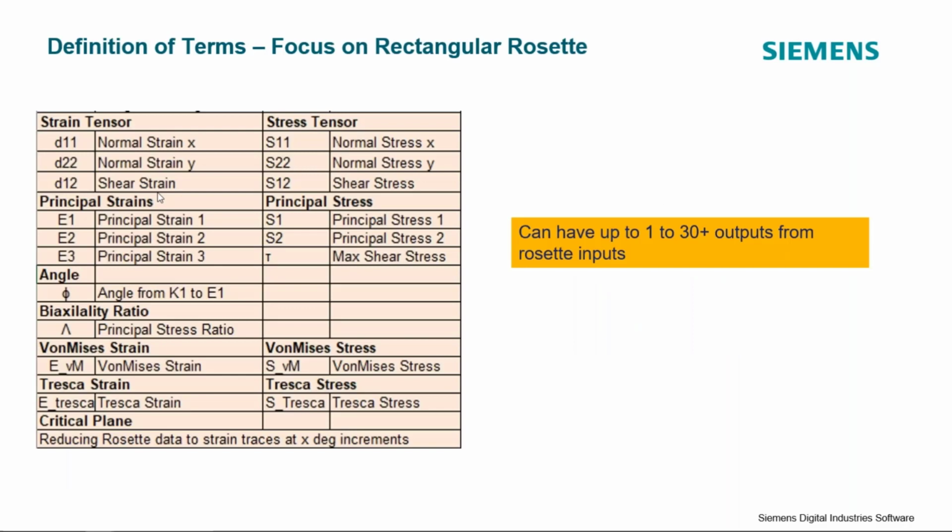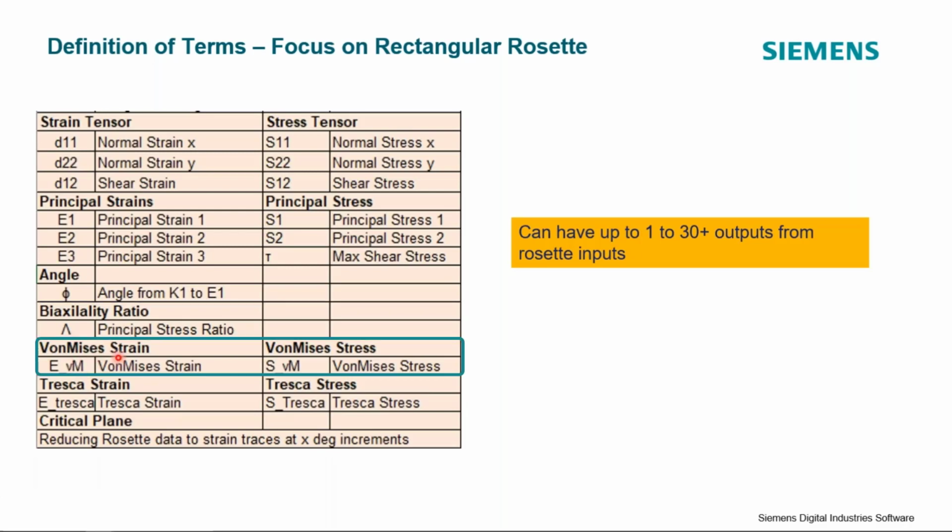A few other items that we can calculate, focusing on a rectangular strain gauge rosette. These can also be calculated from a delta rosette. We've got the tensor elements, so the normal strains, the shear strains. We can calculate our principal strains and our principal stresses. We can calculate the angle of our principal strains. We can calculate things like the biaxiality ratio, which gives us some information about the state of stress or strain that our test object is experiencing.